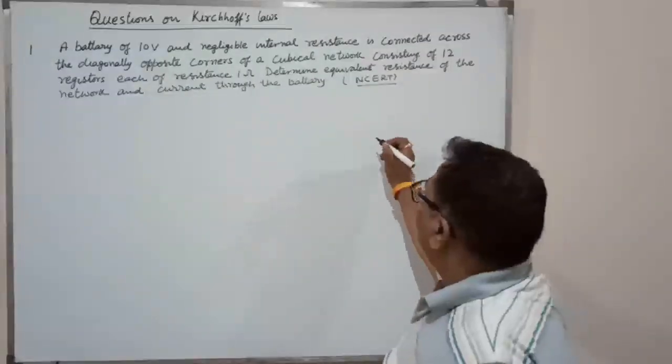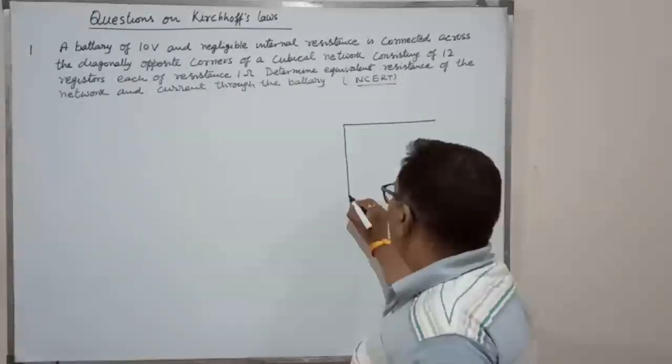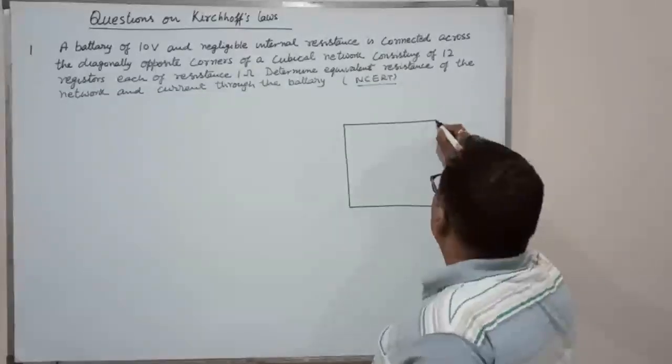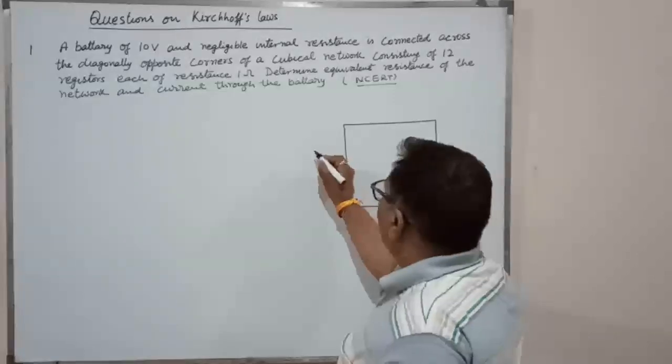First, what is the diagram? This is the cubical network.